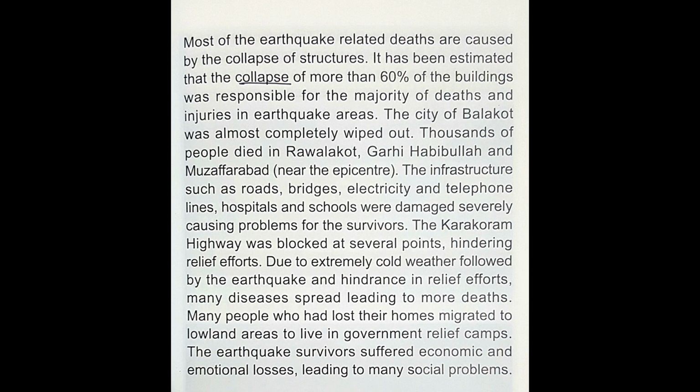The infrastructure such as roads, bridges, electricity and telephone lines, hospitals and schools were damaged severely, causing problems for the survivors. The people who survived the disaster of the earthquake had to face many problems, as the roads were damaged and bridges were damaged.